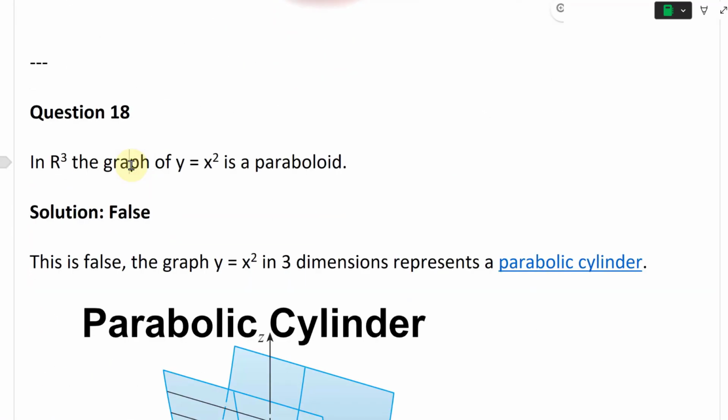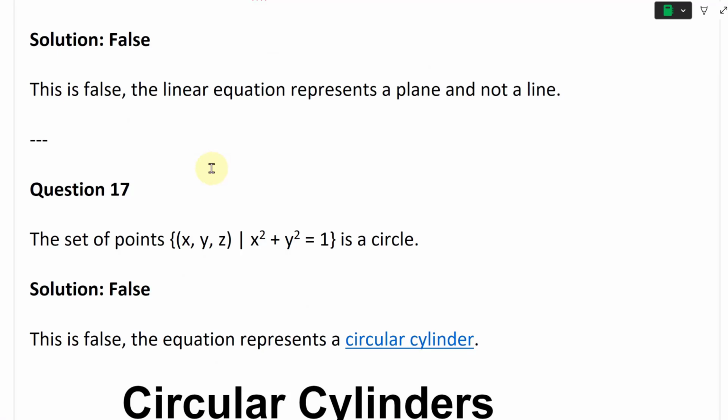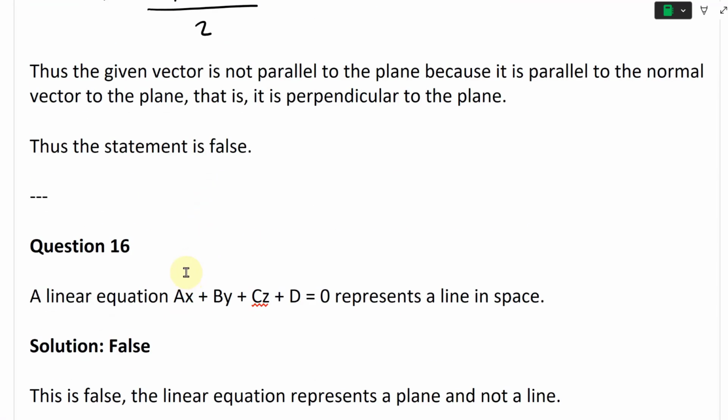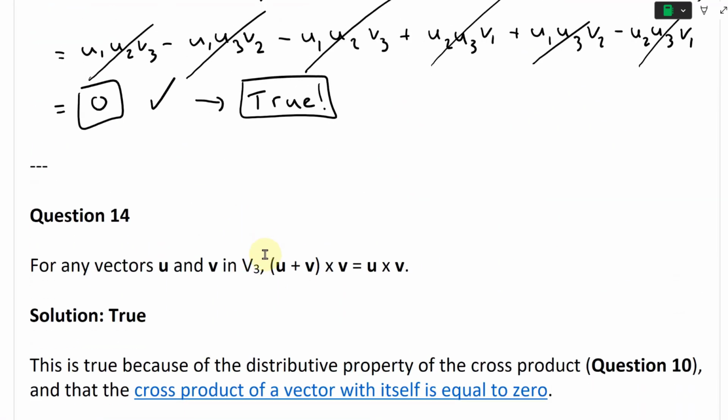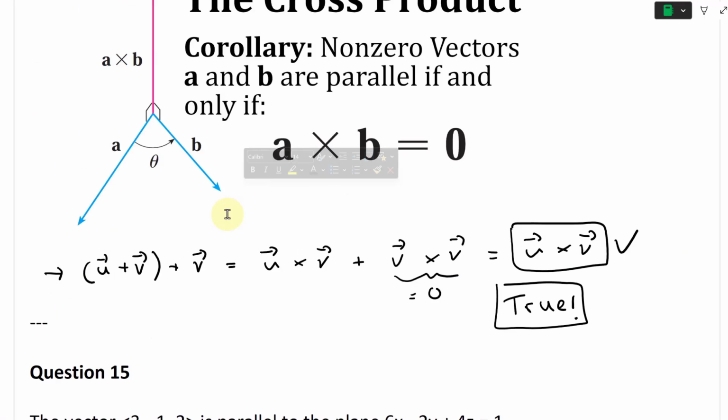Now let's take a look at question 18, and this one states in R3. I had to look up the difference between this R3 and the V3 that I've been covering before. V3 is a more general set of any 3 points.